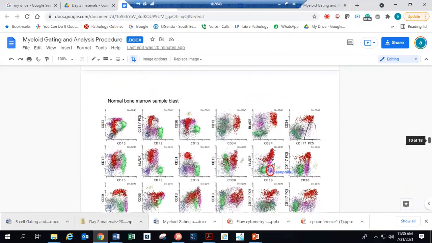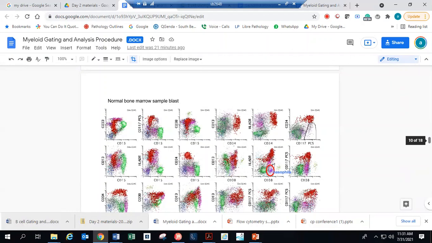Bone marrow normal blasts. You have to differentiate between the normal and abnormal bone marrow blasts. Why? Even if they are less than 5%, the normal bone marrow blast should be less than 5%. But in case of MDS, myelodysplastic syndrome, even the normal myeloid blast population will have aberrant markers.